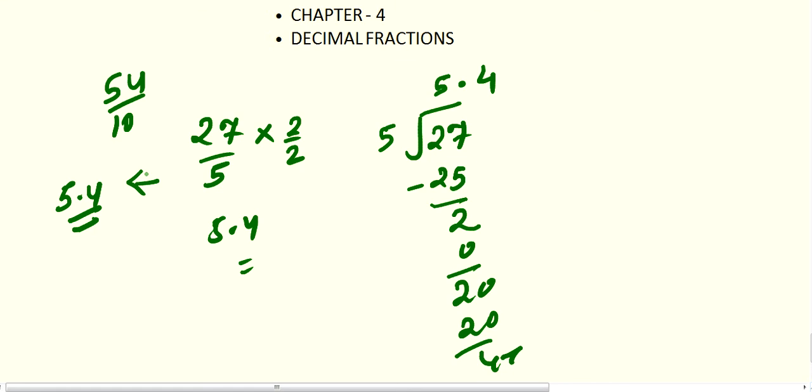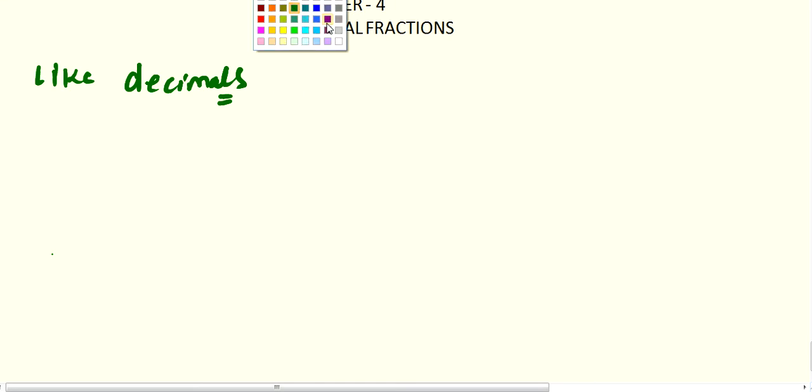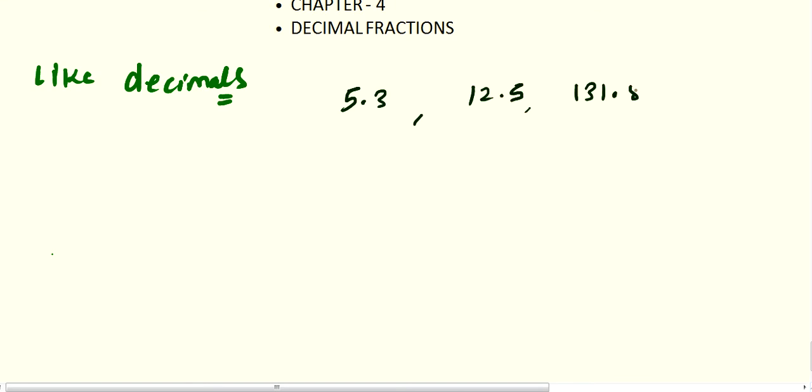Then next is decimal places, whether you have like decimals or unlike decimals. First is like decimals. Like decimals means you have the same number of places after the decimal. 5.3, 12.5, 131.8, 4563.8.